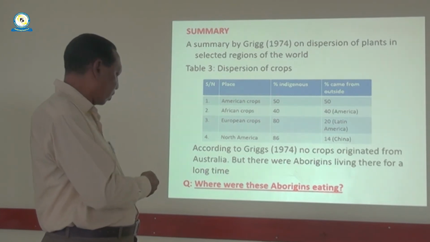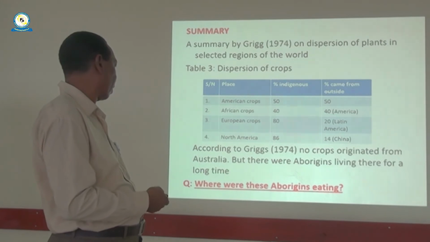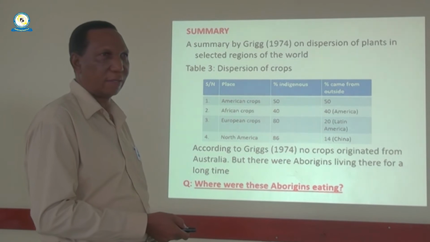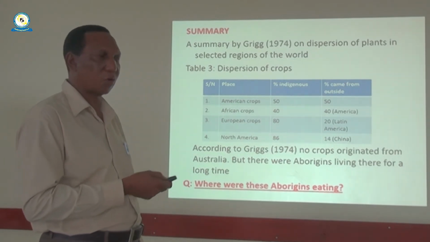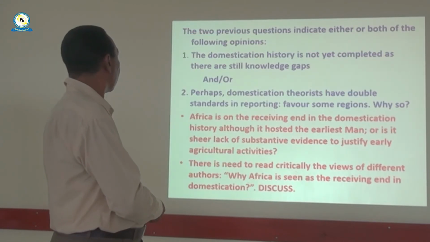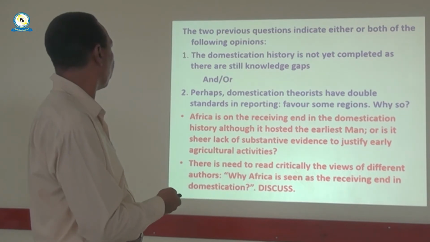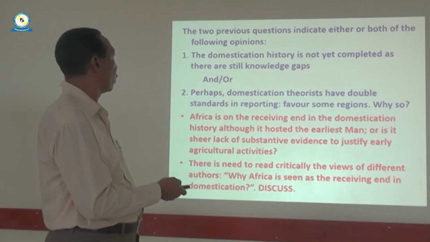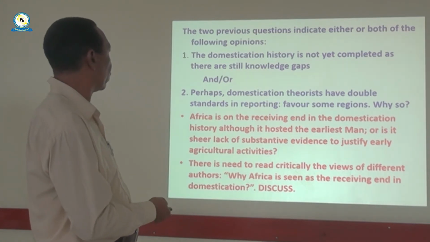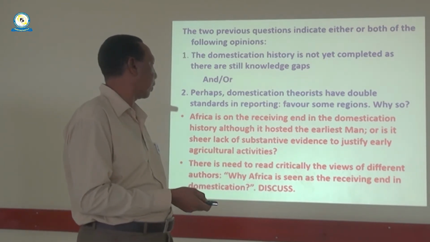But it leaves some questions. For example, Australia does not appear anywhere, as I said before. What were these aborigines eating? It does not appear. So it seems the two previous questions indicate either of the following opinions: the domestication history is not yet complete, or perhaps domestication theorists have double standards in reporting in favor of some regions. Why so?